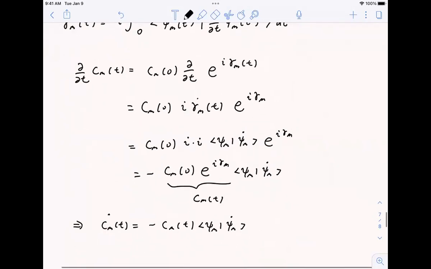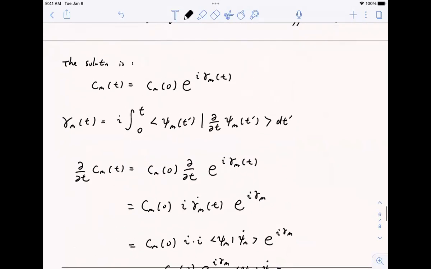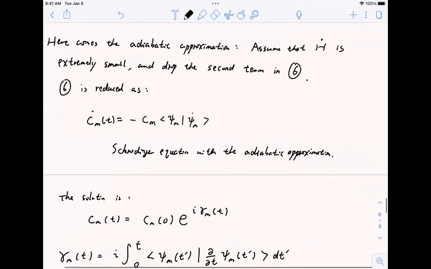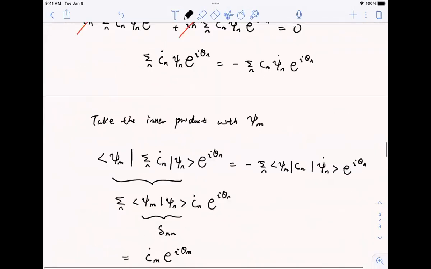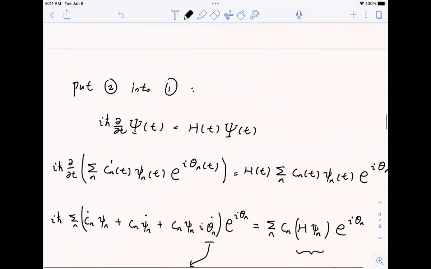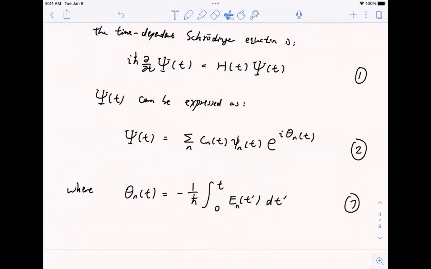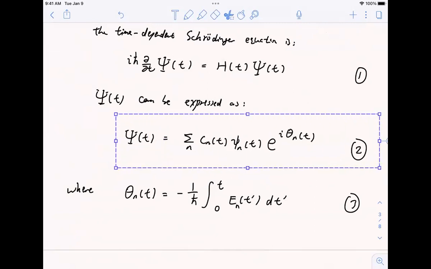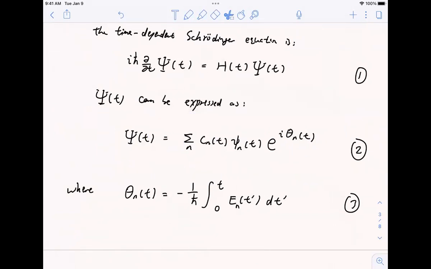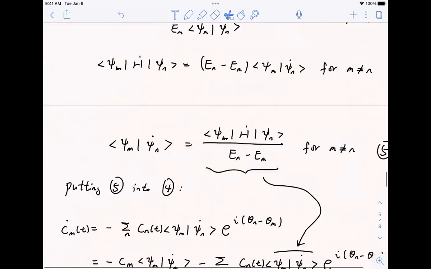Once you solve this, we're going to plug it into the original equation. So we have to go all the way up here. This is equation 2. This is the eigenfunction. So copy equation 2.